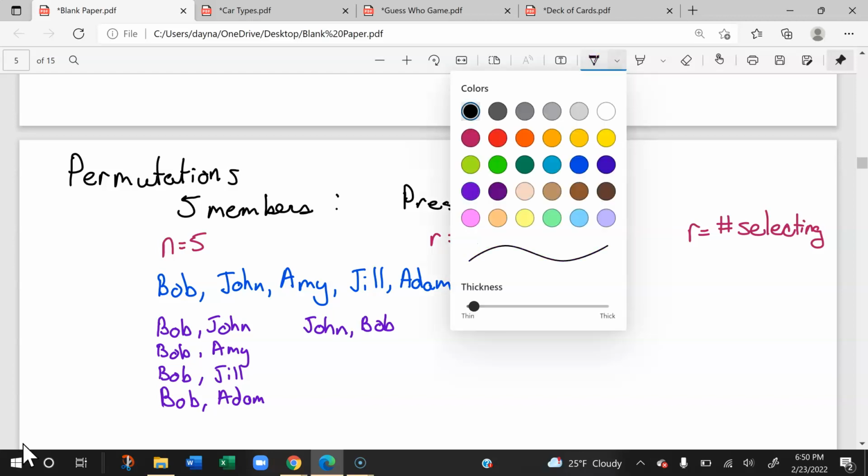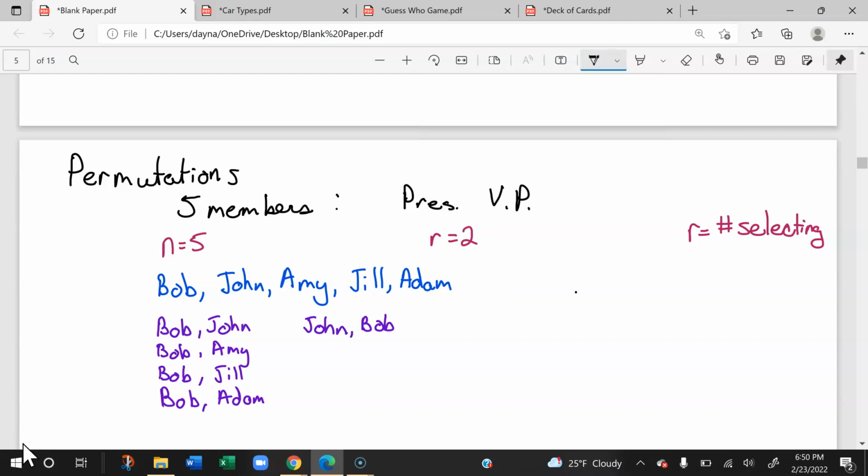We have a formula for this, and this is called NPR. So N is always going to be your sample size. So this is going to be how many you have total to select from, and R is going to be how many you're selecting.